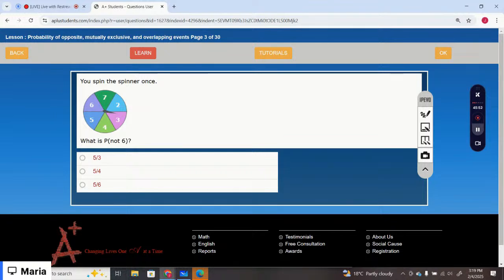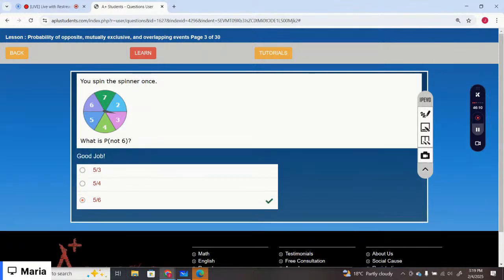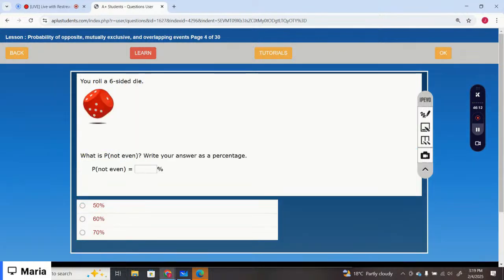Not 6 means that is 5 over 6, right? Option number 3 is the correct option. Because only one is the 6, so 5 by 6 are the ones that are not 6. P is the probability.